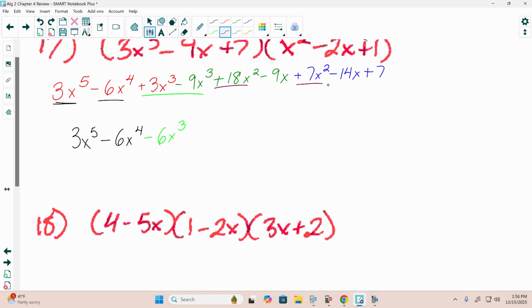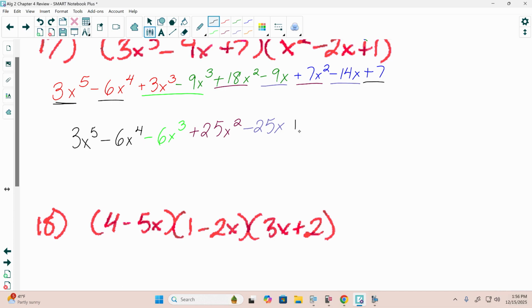Our x squared terms aren't next to each other, but we do have 18x squared and positive 7x squared. 18 plus 7 is going to be plus 25x squared. Now that we finish combining those, we'll move on to our x terms, negative 9x and negative 14x. Negative 9 minus 14 is going to be negative 25x.